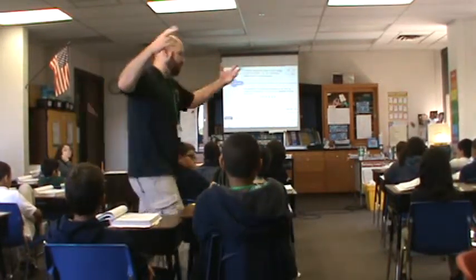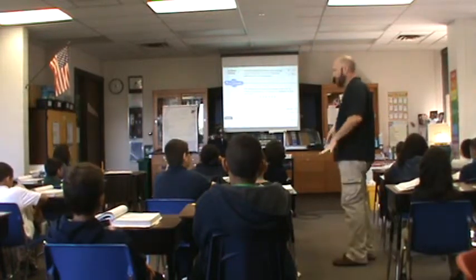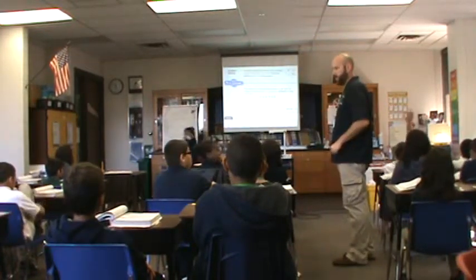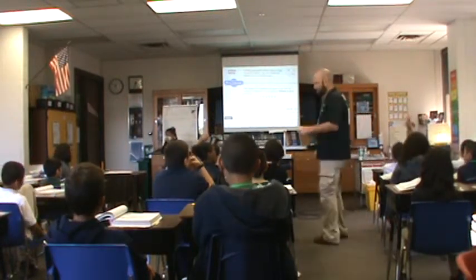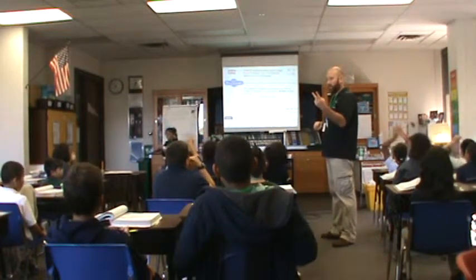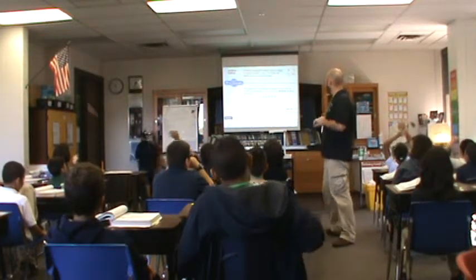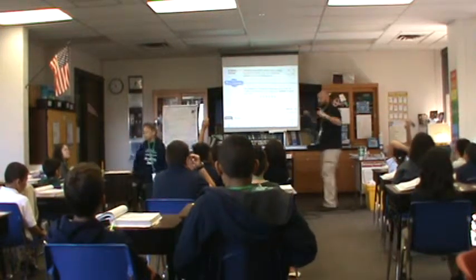So let's review. Using what we know here, what would be a multiple of 2? Lewis. Using this idea here: multiples of 10 all end in 0. So we have 10, 20, 30, 40, 50, 60, 70, 80, 90, 100.